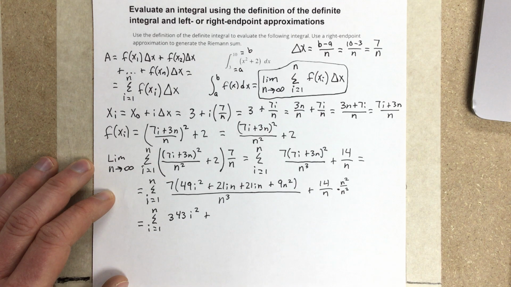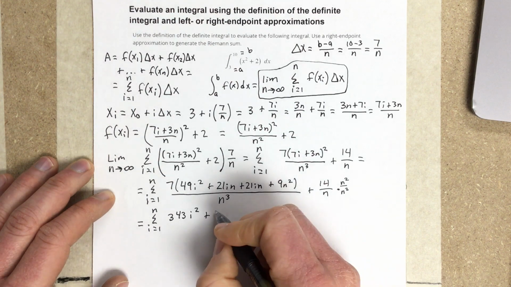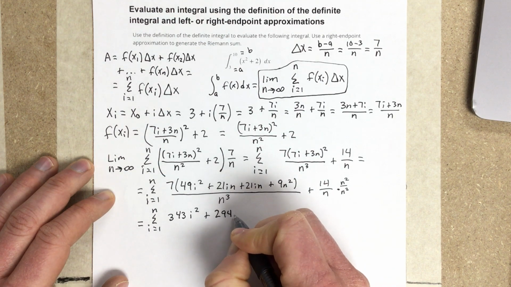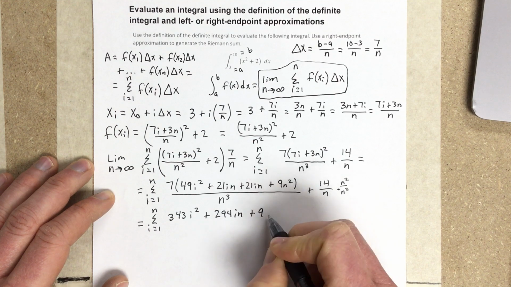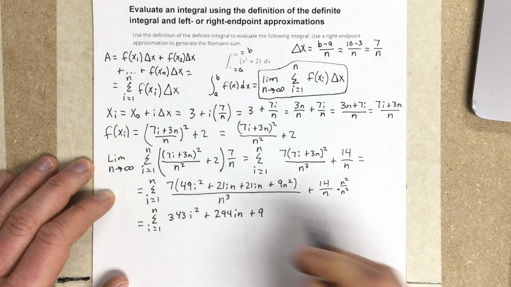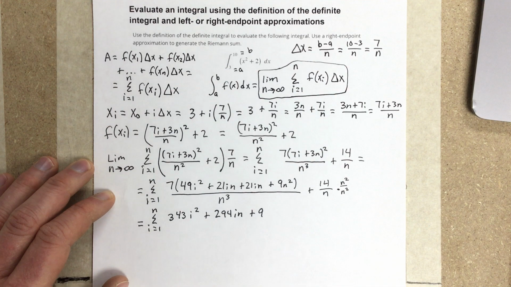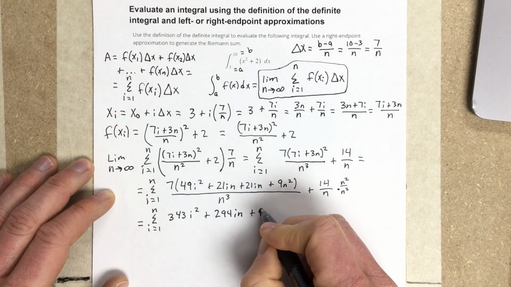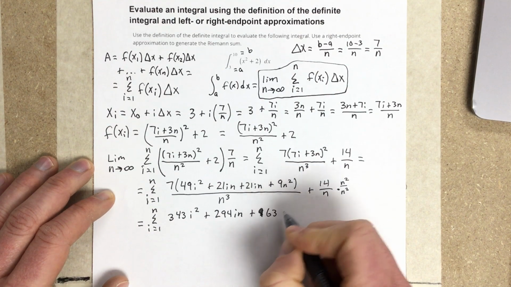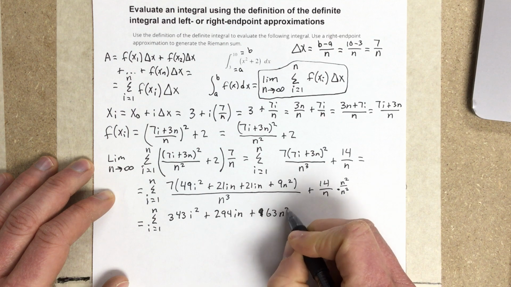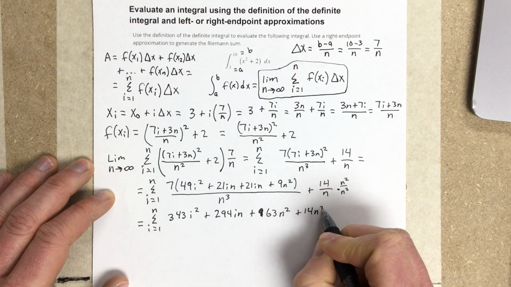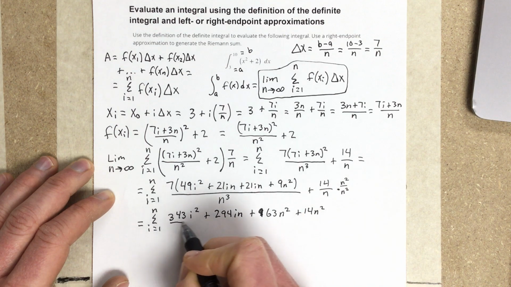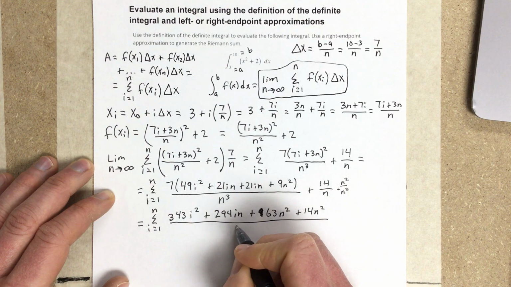So 42 times 7 is 294, so 294in, plus 7 times 9 is 63n squared, and then we'd have plus another 14n squared here. And that's all over n cubed.